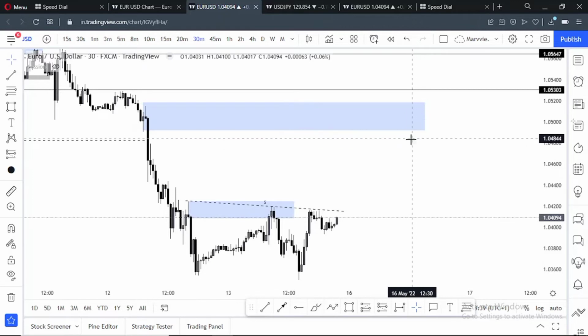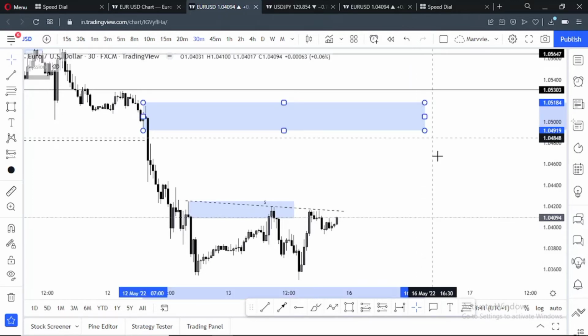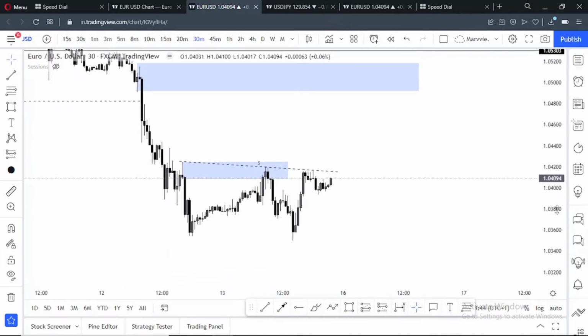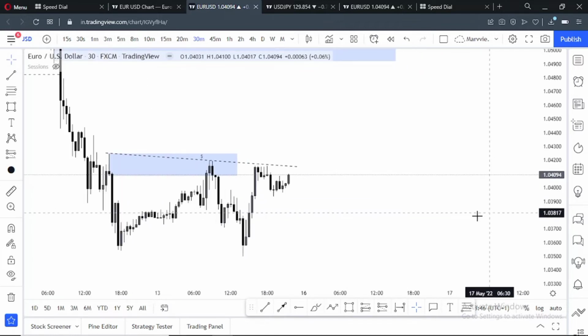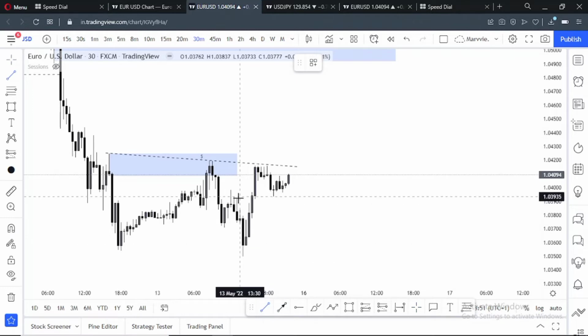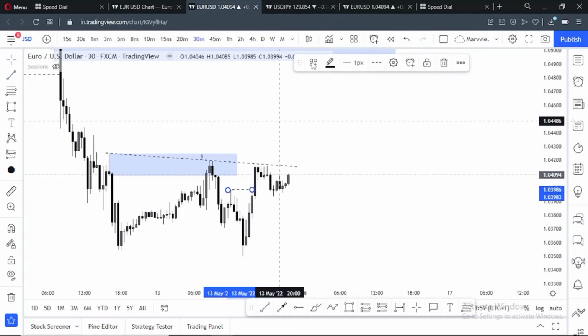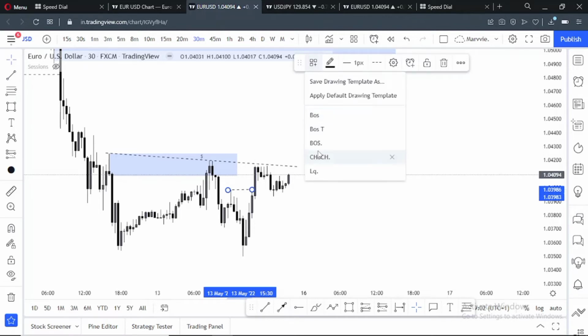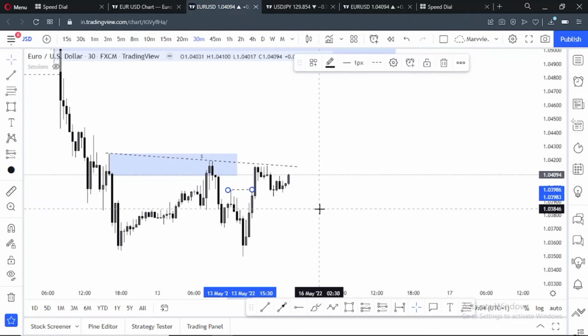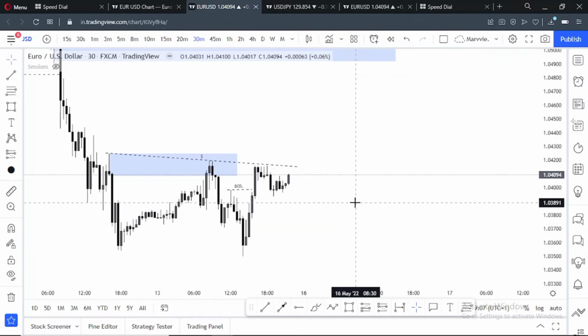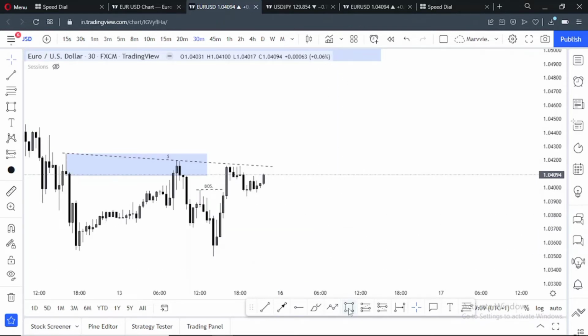But I can see this liquidity pool from here, so I should be expecting price to tap into maybe this supply zone, or if we look at the present market structure, we can see that price broke structure to the upside from here. Break of structure to the upside, and price created this demand zone from here.